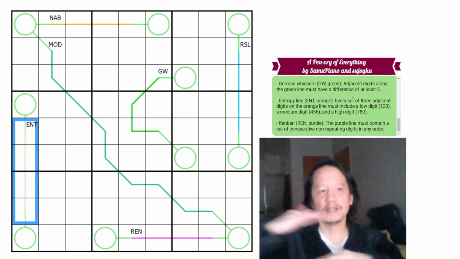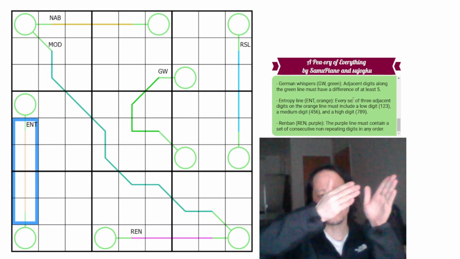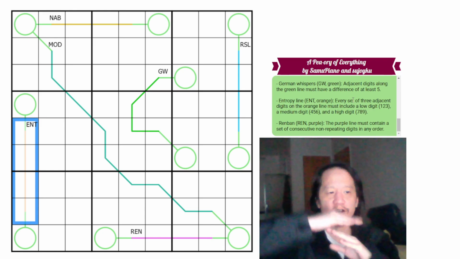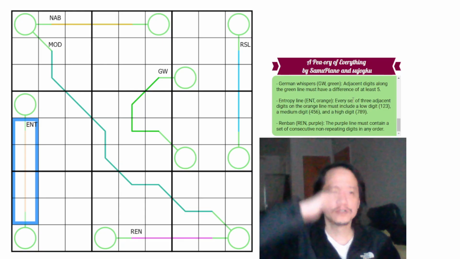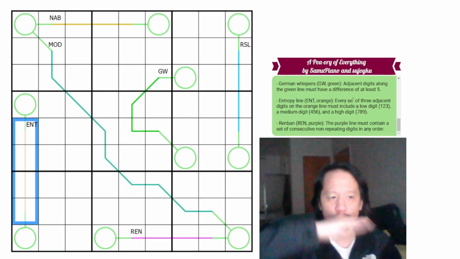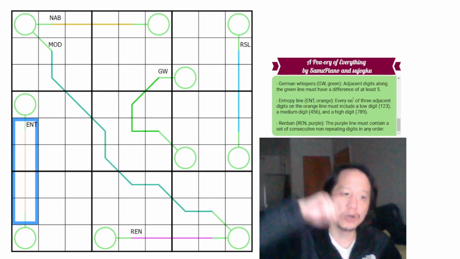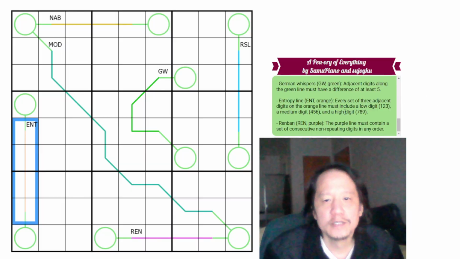It's just that instead of dividing your number pad by columns, 1, 4, 7, 2, 5, 8, and 3, 6, 9, you divide them by essentially low, medium, and high. So you divide them into rows. So you have 1, 2, 3, 4, 5, 6, and 7, 8, 9. And you must have one of each in each set of 3. So that's entropic lines, or entropy line.